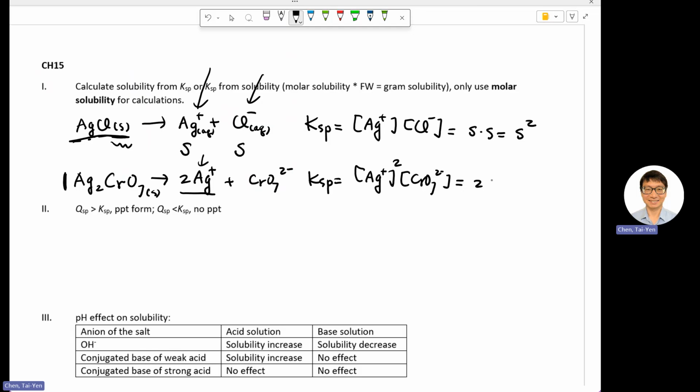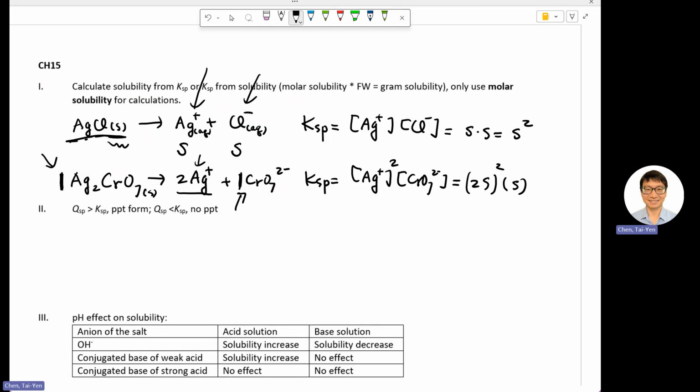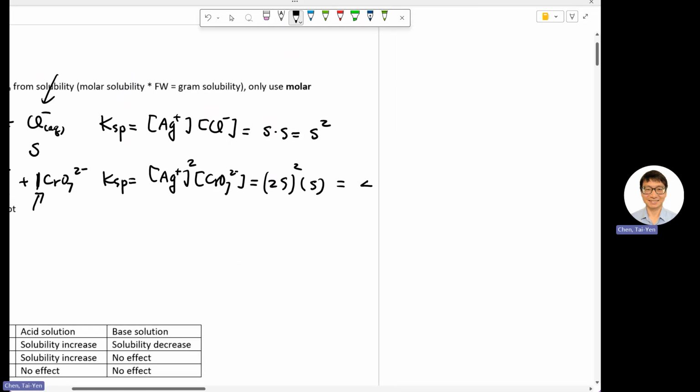So you write 2S squared times the CrO7 2-, which is S, because if you dissolve S, you produce S. Therefore the Ksp equals 4S cubed. This is a part you will be tested on.